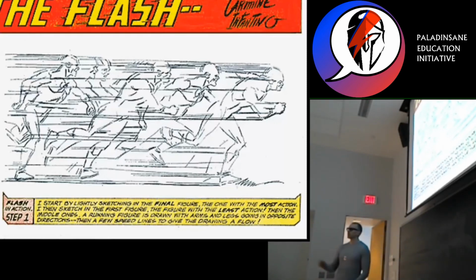But importantly, this is a very important distinction: when he drew the Flash leaning forward, he made the picture of the Flash running better. When he then took the arms and legs of the Flash and moved them into the correct orientation, he made the picture better.